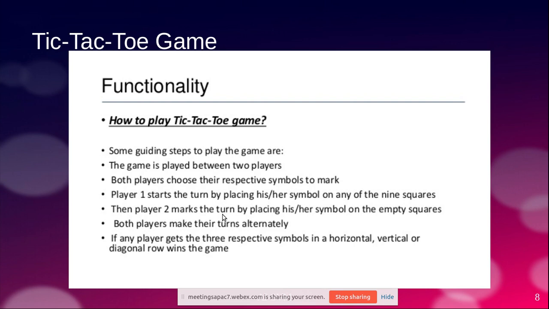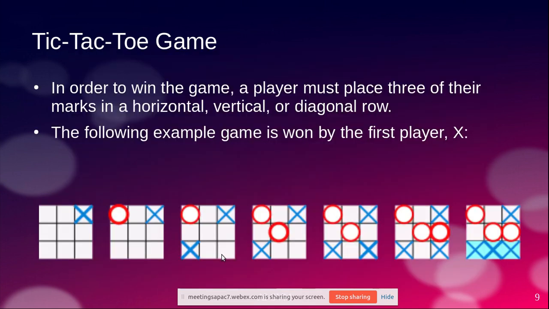Then the second player marks among the remaining 8 empty squares, whichever he or she likes. And this way, alternately, each player will play. And any player who gets 3 respective symbols in a horizontal, vertical, or diagonal row wins the game.